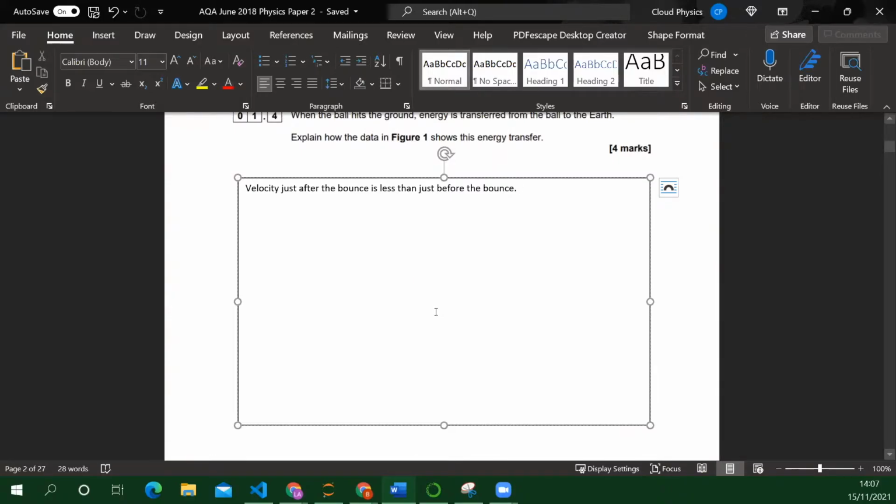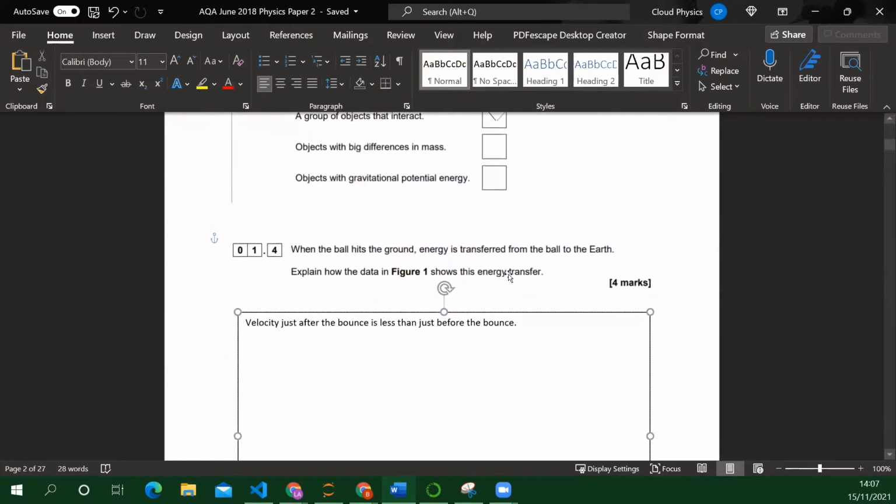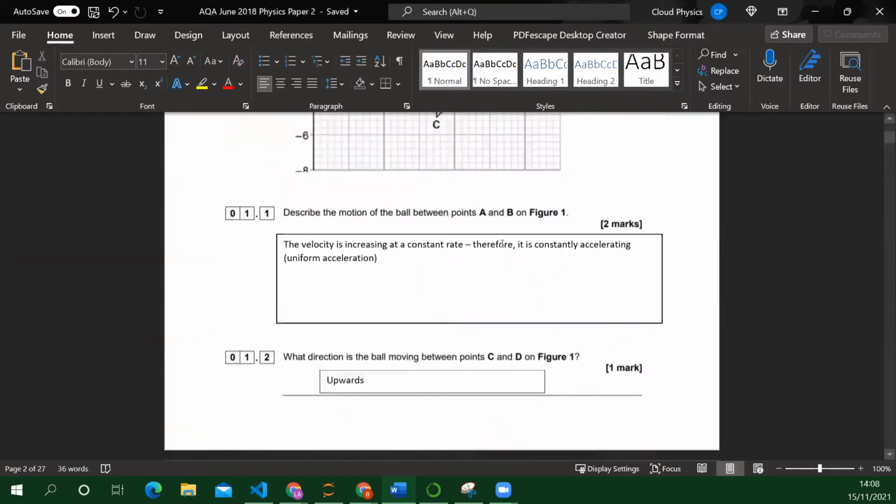Therefore, it has transferred energy. You can say the ball's lost energy, but you have to put also lost energy to the surroundings, because energy can't disappear. There's another one as well about the height.